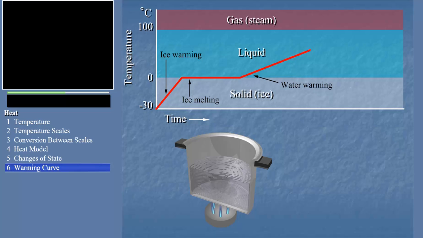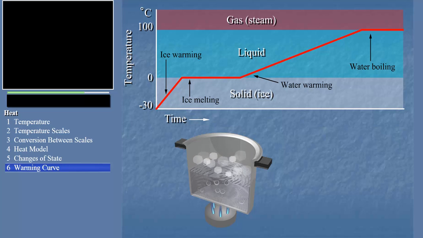That is, we have to add about twice as much heat to liquid water to warm it up by 1 degree C as we must add to solid water to warm it up by 1 degree C. So that's why the slope of the liquid water warming graph is only about half the slope of the ice. Now, once the liquid water reaches 100 degrees C, we once again see the warming curve flatten. All the heat is going to boil the water, so the temperature stays put until all the water has boiled away.